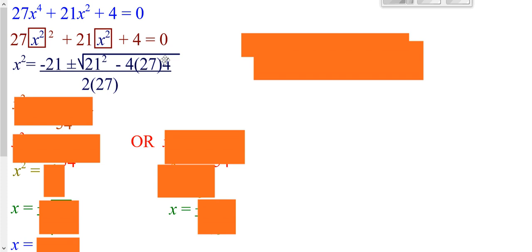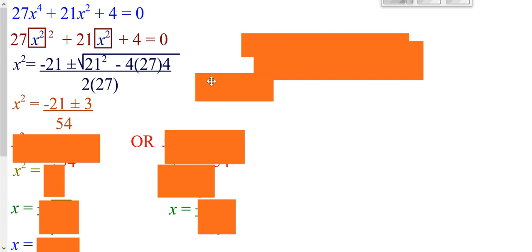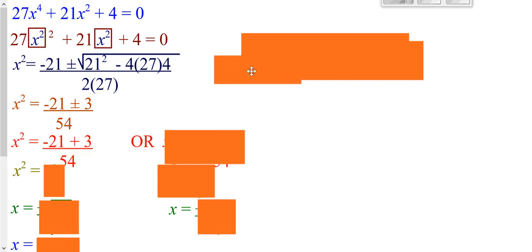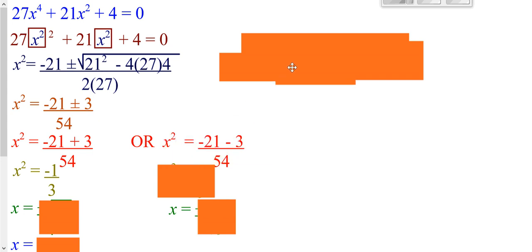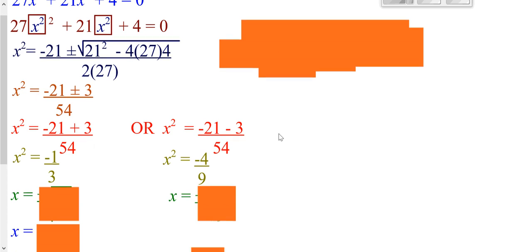Work out what's in your root, and remember to bring down your x squared. When you work out what's in your root, it ends up being 9, and the square root of 9 is 3. At this point, I'd work this out, since it's nice neat numbers, into a negative 21 plus 3 over 54, which ends up just being a negative 1/3. And then I'd come back and do the negative 21 minus 3 over 54. You work out the top, divide by 54, you get negative 4/9.